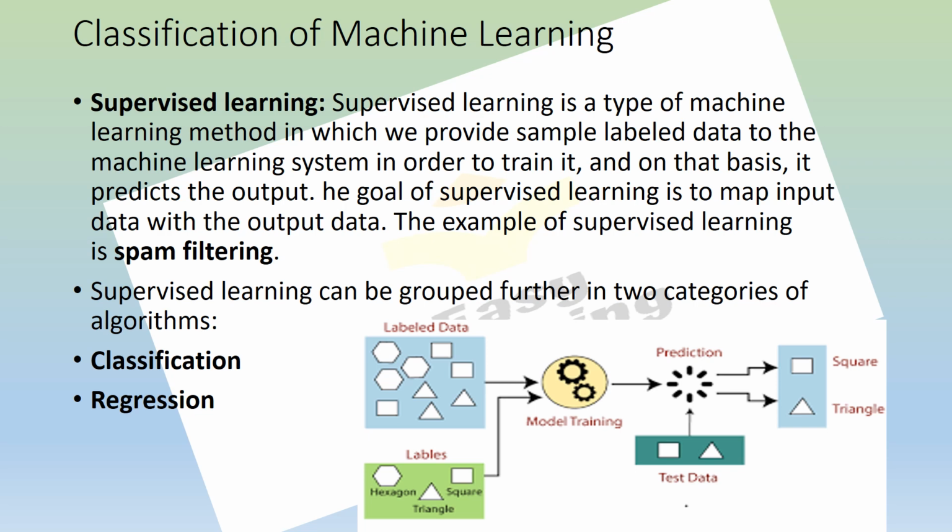Labeled data means some input data is already tagged with the correct output. So in supervised learning, the training data is provided to the machine working under a supervisor, so that the machine predicts the output correctly.